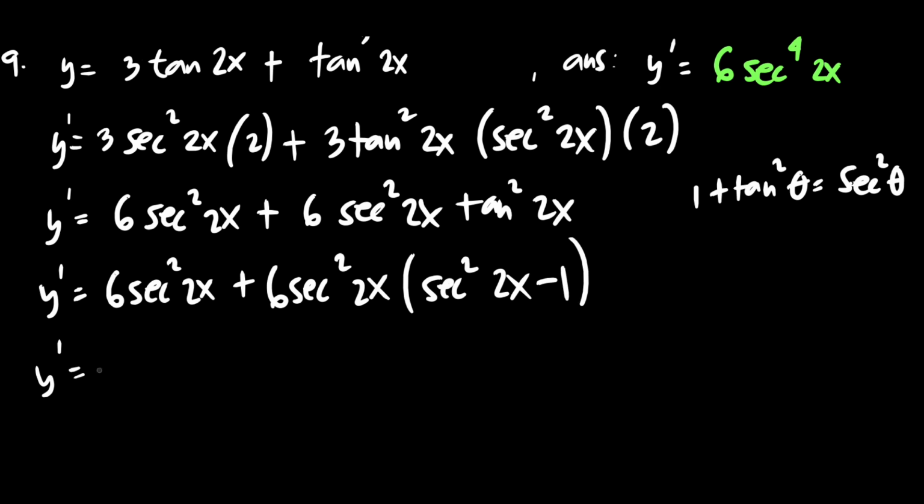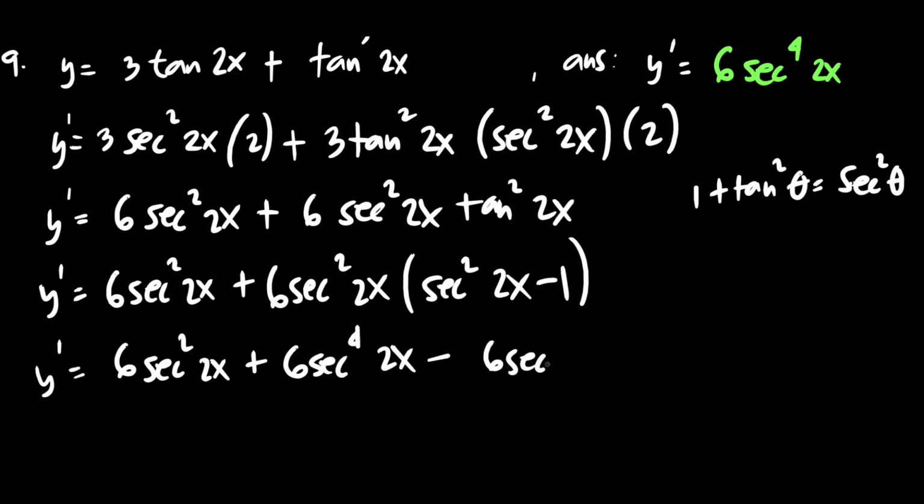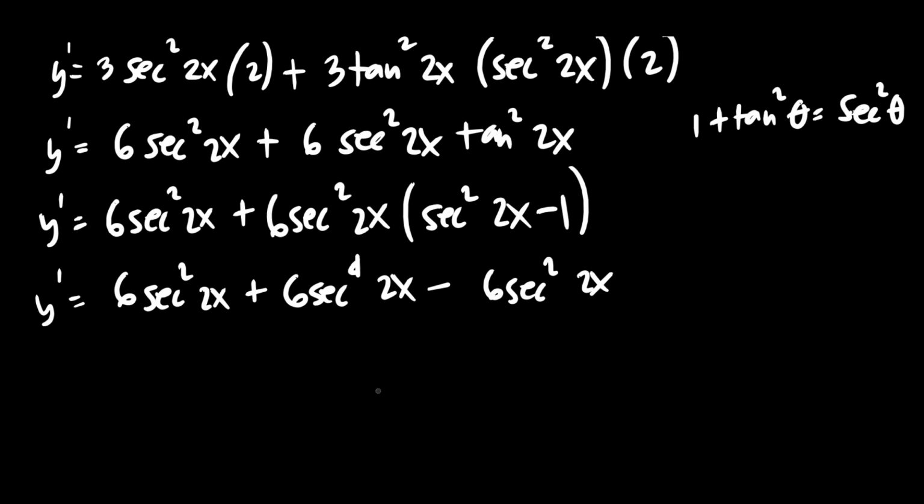So we'll simplify further. 6 secant squared 2x plus 6 secant raised to the power 4 of 2x minus 6 secant squared 2x. Combine similar terms.